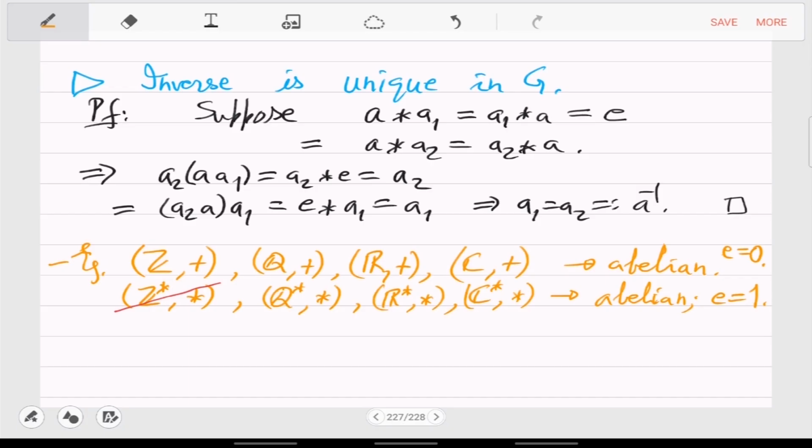Something more interesting you can do with rationals is take only positive ones. So what do you get? Positive rationals or reals will again form a group, right?